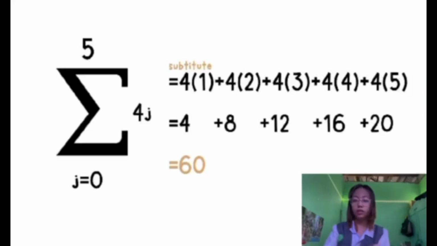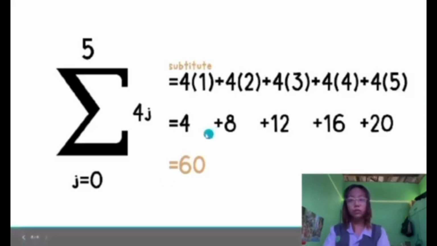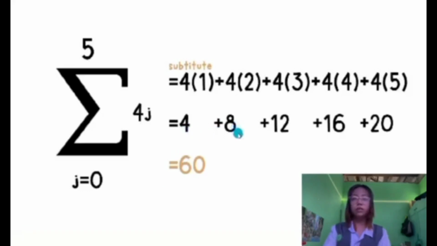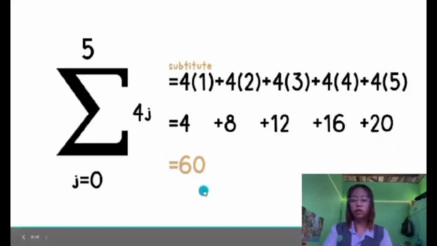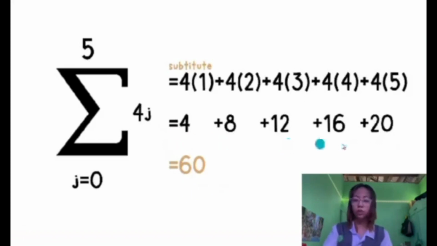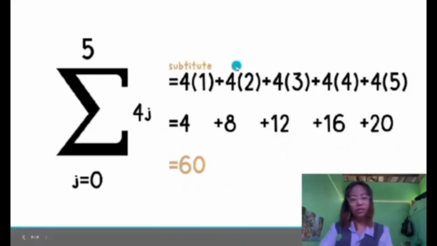Let us solve this first. 4 times 1 is equal to 4, 4 times 2 is equal to 8, 4 times 3 is equal to 12, 4 times 4 is equal to 16, and 4 times 5 is equal to 20. Now, let us add these: 4 plus 8 plus 12 plus 16 plus 20 is equal to 60. So, our answer will be 60. That's all. Thank you.